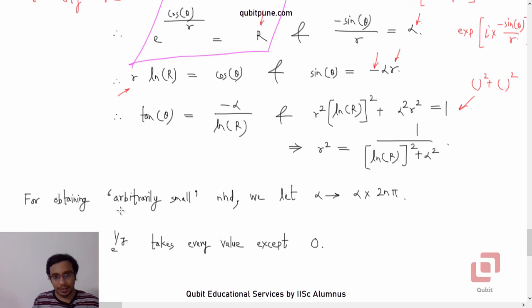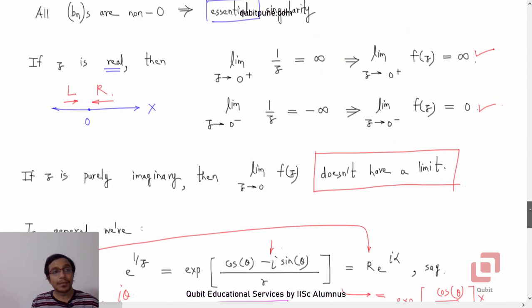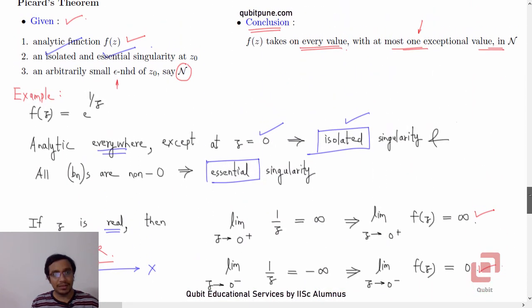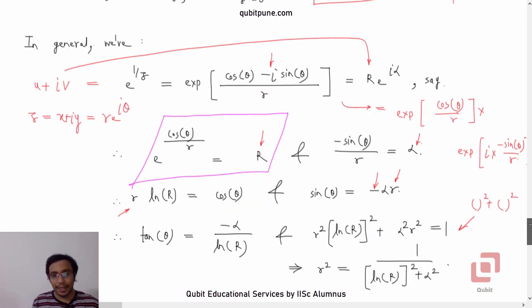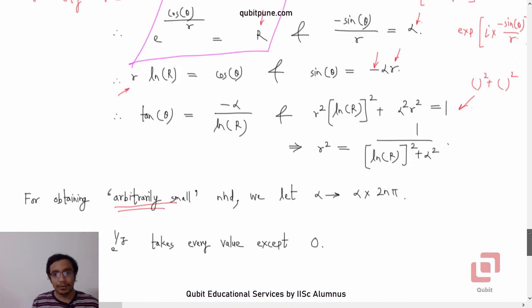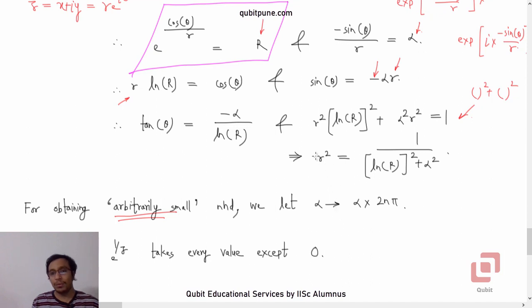If we want a very small or arbitrarily small neighborhood of the number 0, what we would like to do is to have r tend to 0. Now if we want r to tend to 0, what can we say?